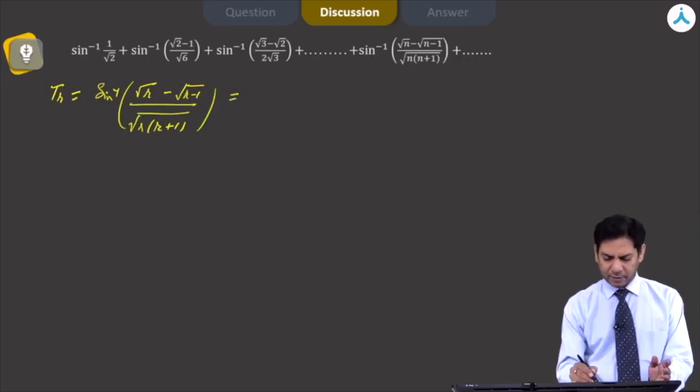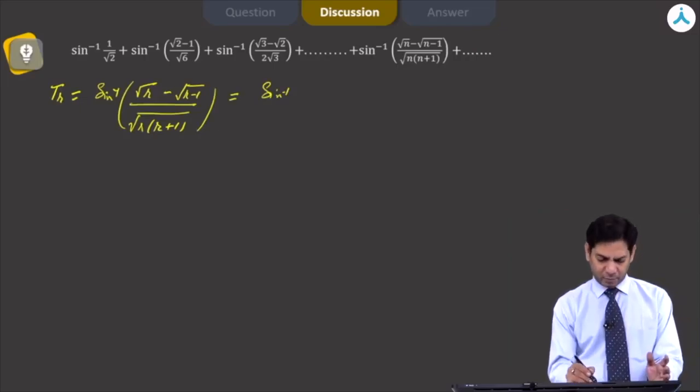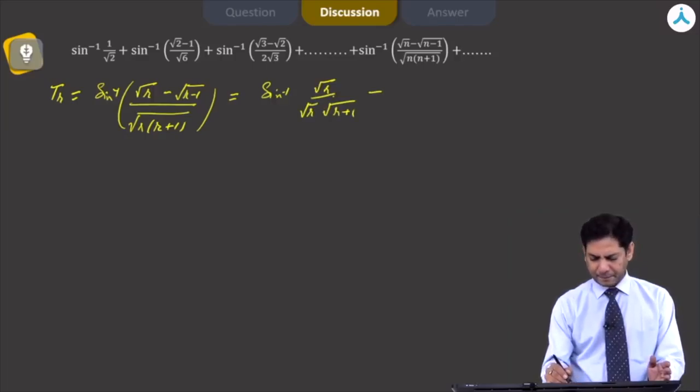If we manipulate it like this, we break the term inside the bracket in two parts, and that can be written as root of r divided by root of r multiplied by root of r plus 1, minus root of r minus 1 divided by root of r into root of r plus 1.